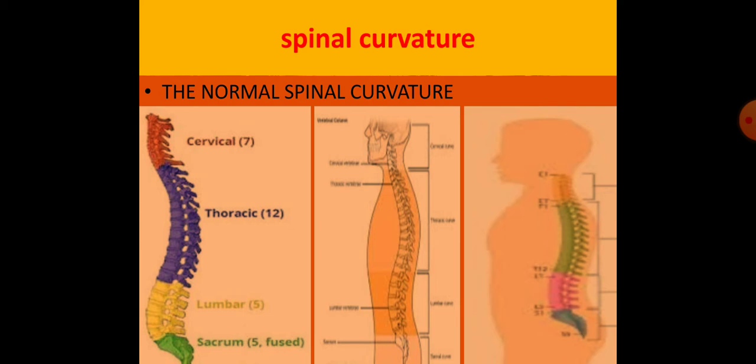When the spinal curvature changes from its natural position, postural deformities arise, known as postural deformities of the spine. The same happens with postural deformities of the leg, when we do not walk properly, do not use good quality shoes, wear tight clothing, or do not take nutrition properly. Then we may suffer from postural deformities of the leg.